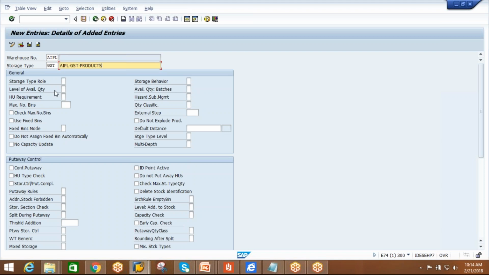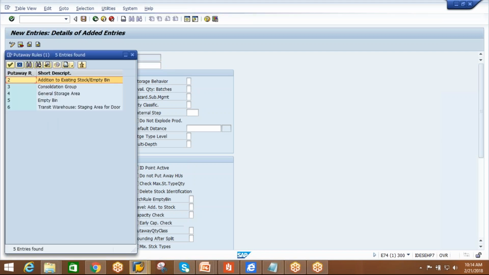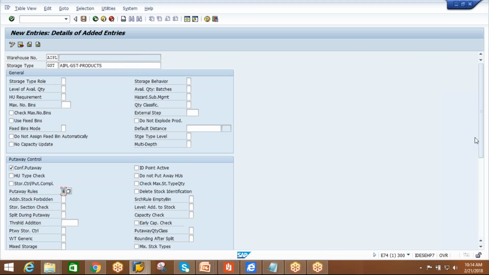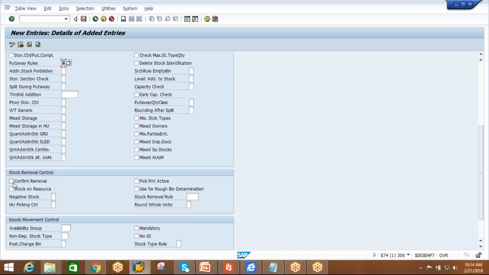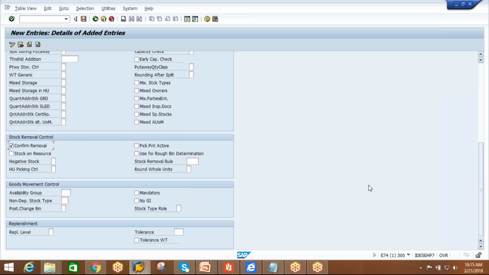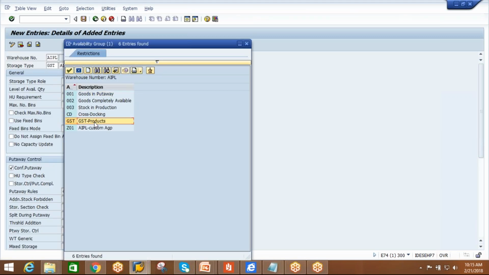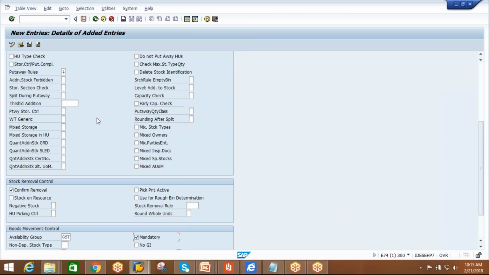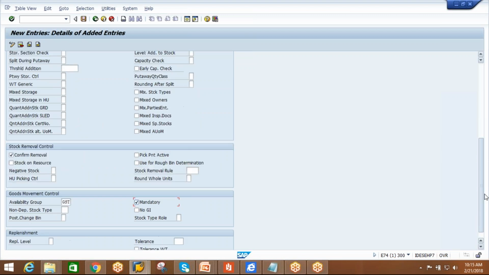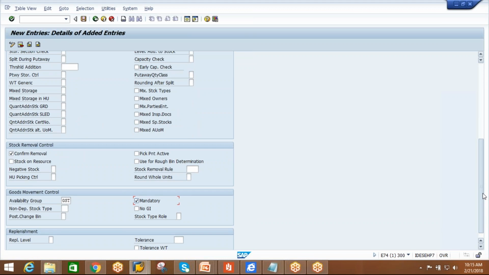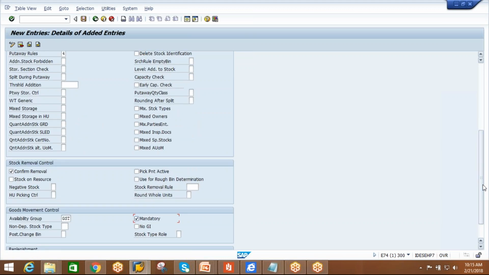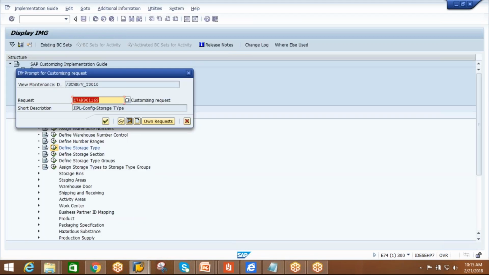And I am giving the minimum configuration. Put-away rules are general, there are no restrictions. Confirm stock removal. Coming to here, I am using availability group GST and the mandatory button. Okay, this means if I move any stock into this storage type, it will adopt the stock type Z2. Okay, this thing.